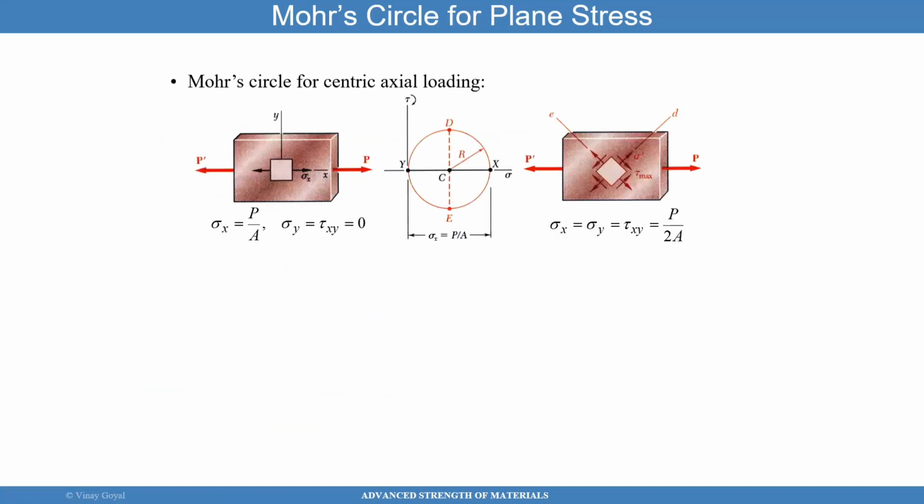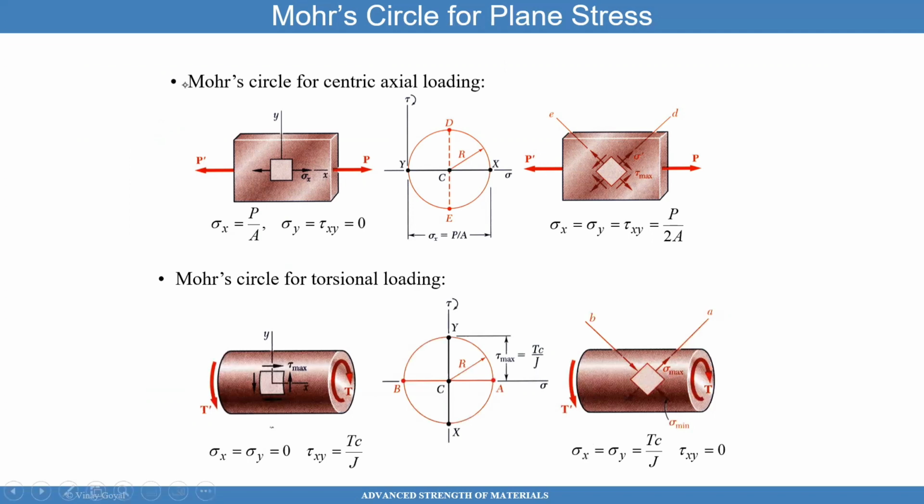Why don't we now look at an example? So Mohr circle for centric axial loading. If it's only axial load, then the only stress is P over A. Sigma y in this case is 0. Shear stress is 0. So in this case, the average stress can be found. You can draw the circle and the dot here. And it's going to be sigma x plus sigma y divided by 2. So that's this point here.